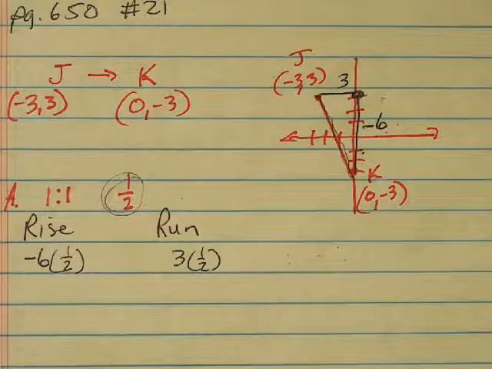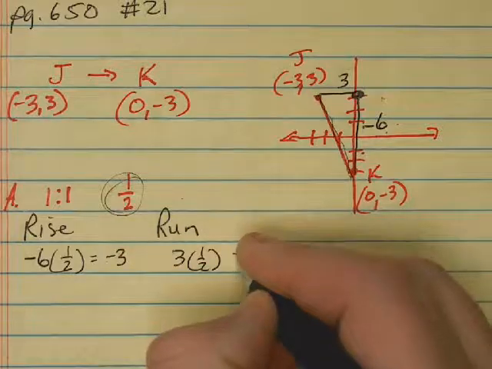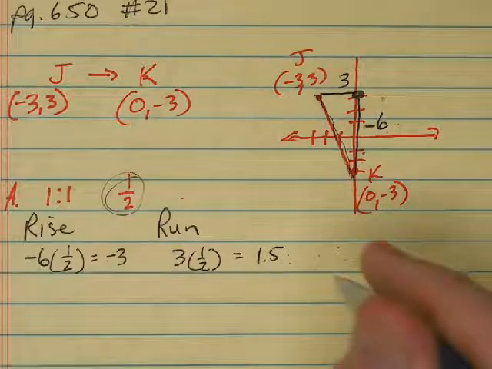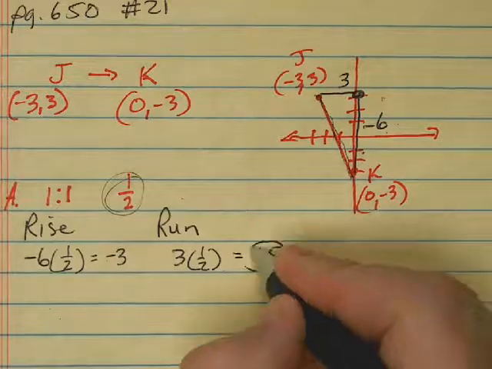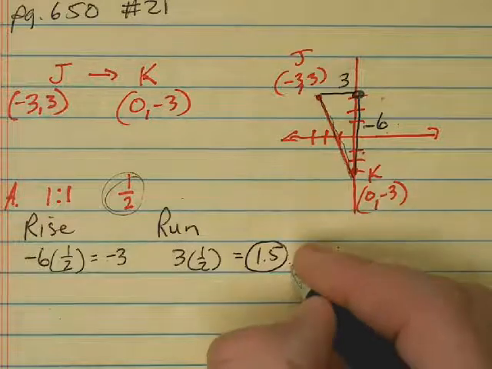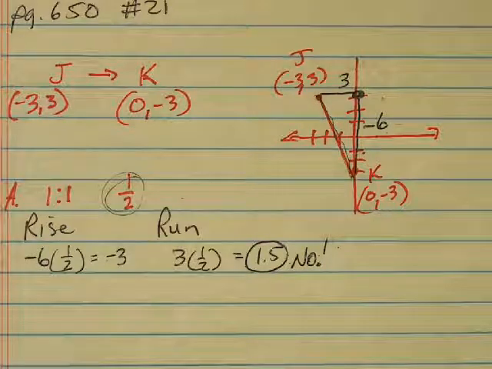And I see what I end up with. In this case, I end up with negative 3. In this case, I end up with 1.5. Are they both integers? No, they're not. That is not an integer. And so I'd actually answer letter A with the answer of no. It doesn't work. It doesn't give me an integer.